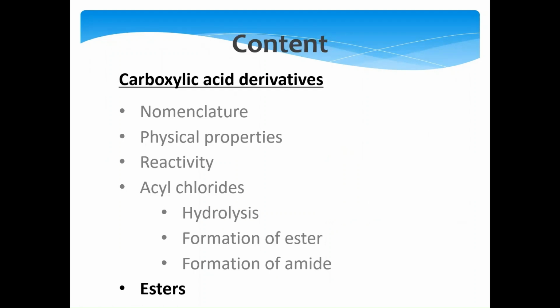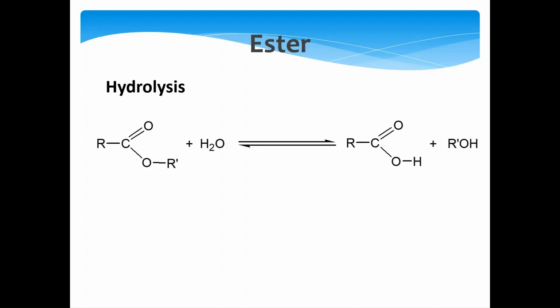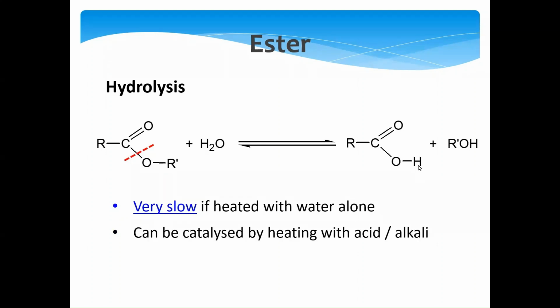So we've come to the last part of carboxylic acid derivatives, and we're going to talk about esters. Now, esters can undergo hydrolysis to give you the products of carboxylic acid and alcohol. However, this reaction is very slow if you heat it with water alone. So usually we add in acid or alkaline, and heat, to make it faster.